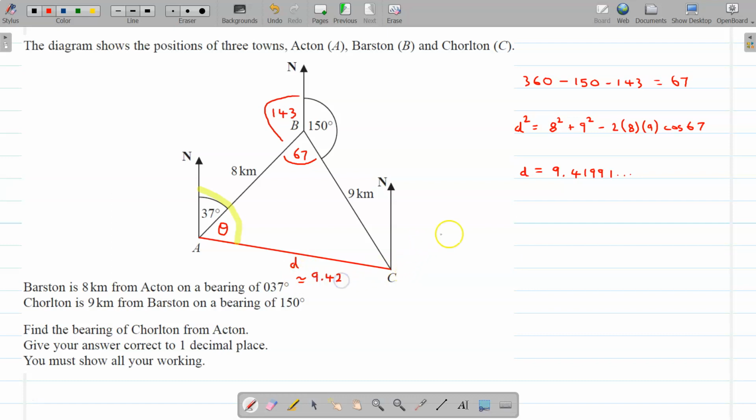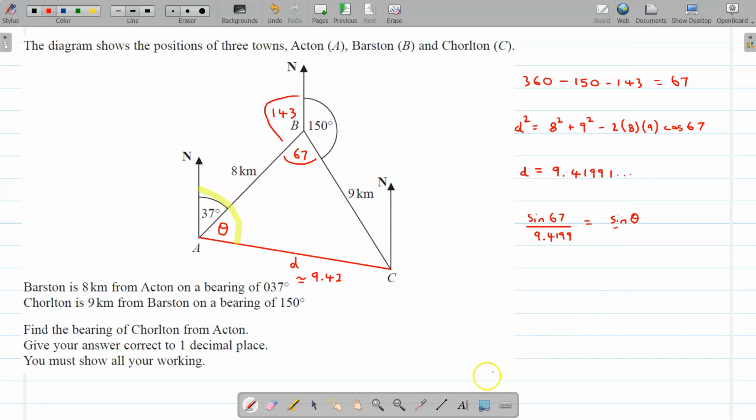So what I'll need to do is put sine 67 over 9.4199, I'll use that, equals sine theta over 9, because the side opposite theta is 9.